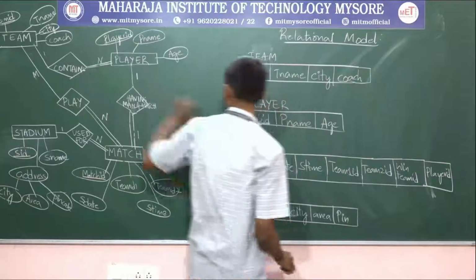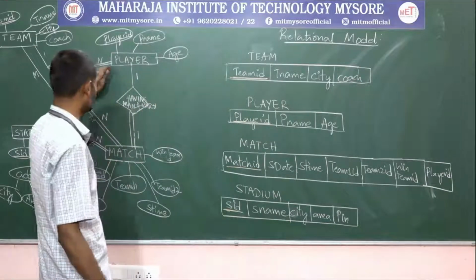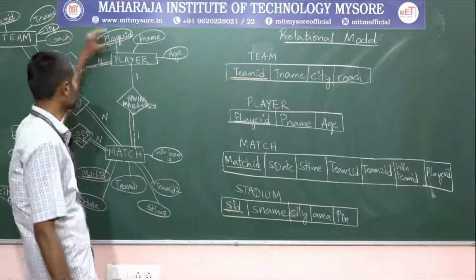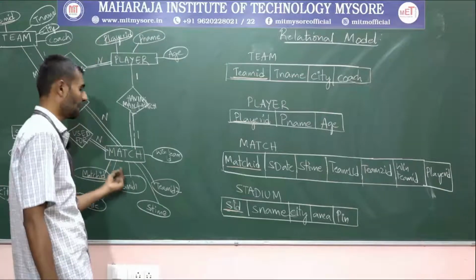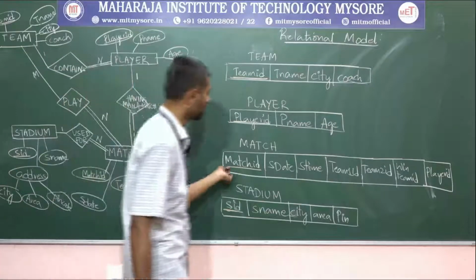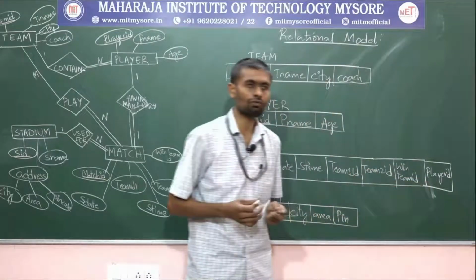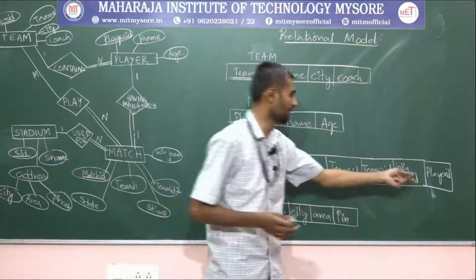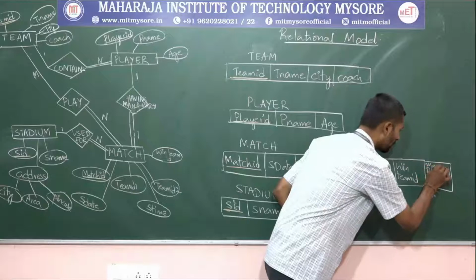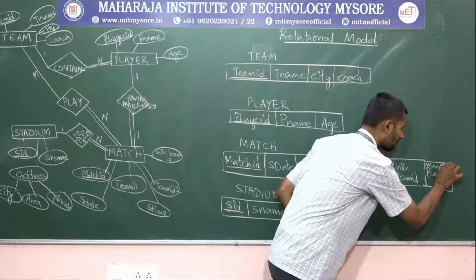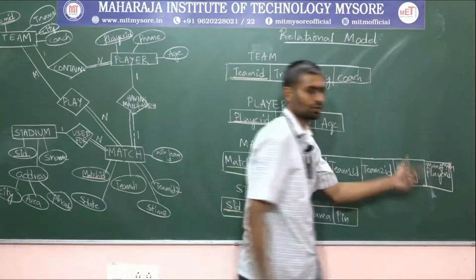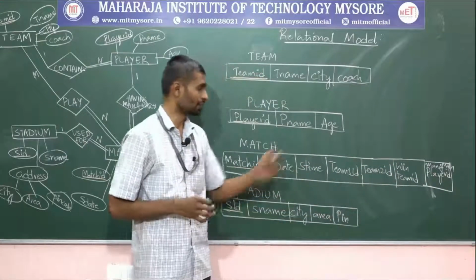Player ID, right? Player and match between this. Here we have total participation, so I took this key attribute and I'll make it a foreign key in the match, right? And this player ID will be treated as the man of the match player ID. I'll rename it like this, man of the match player ID.